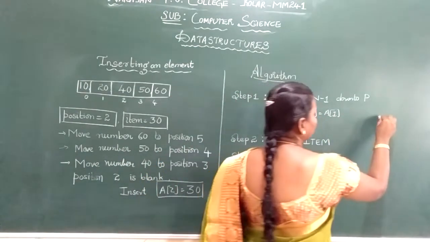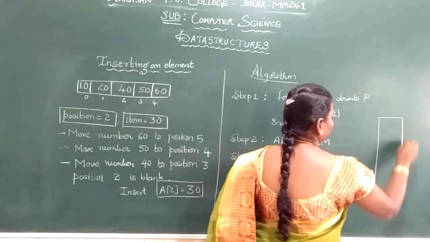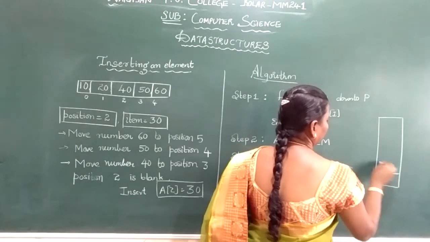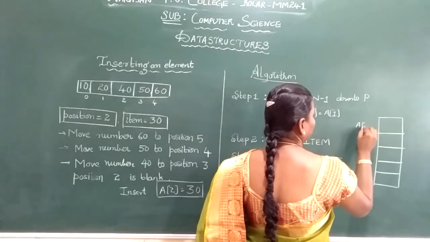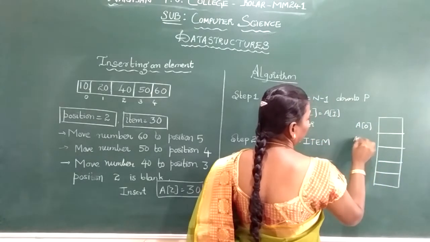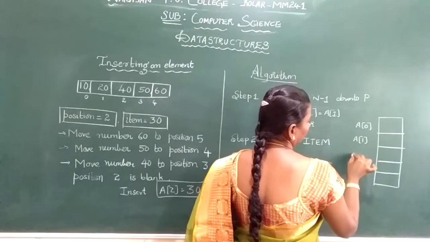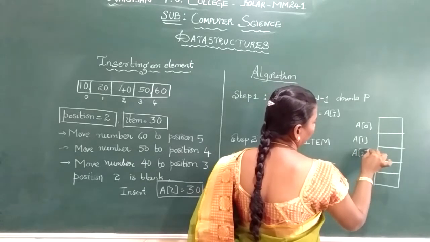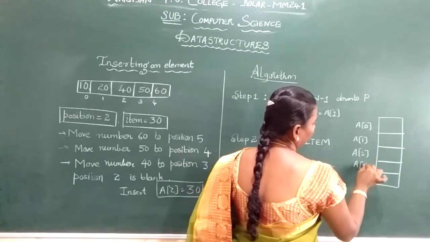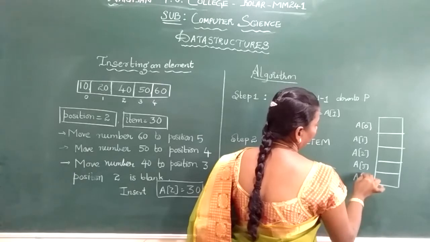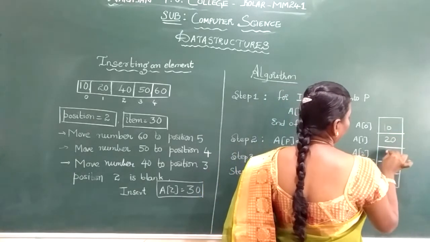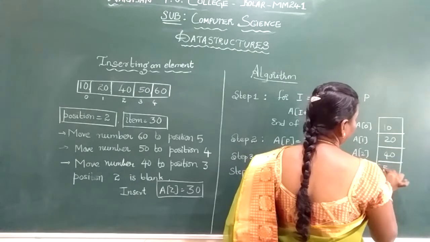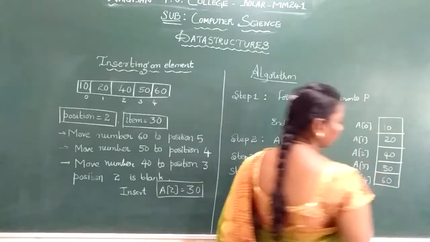For example, see here: A of 0, A of 1, A of 2, A of 3, A of 4 are 10, 20, 40, 50, 60.